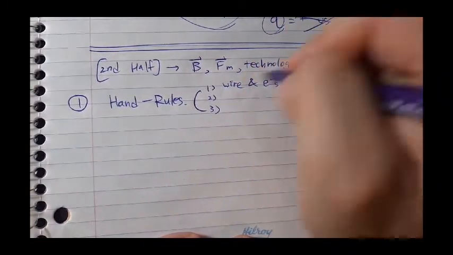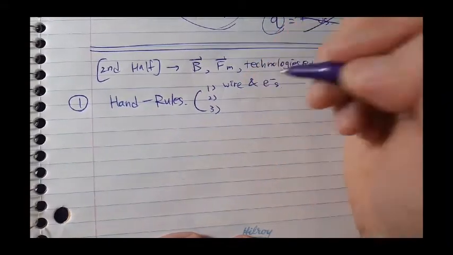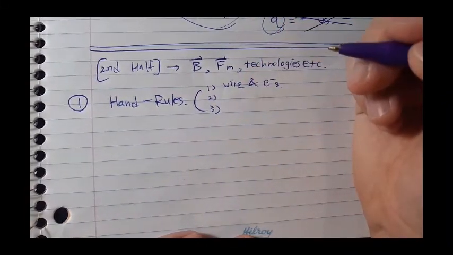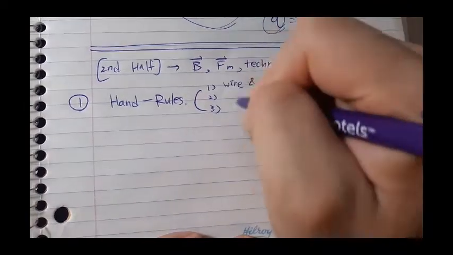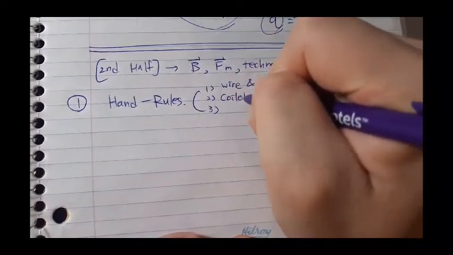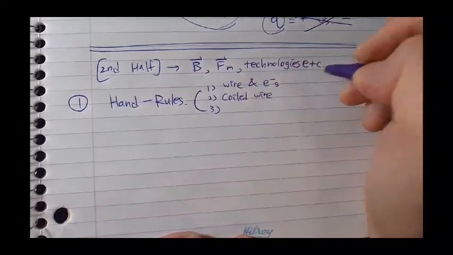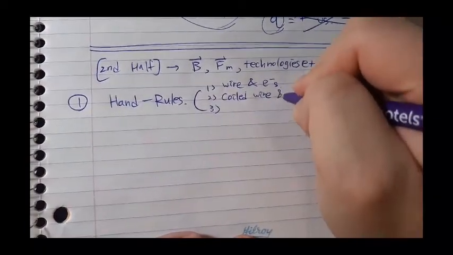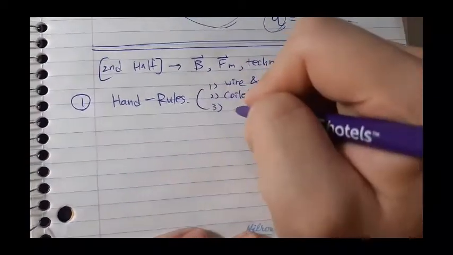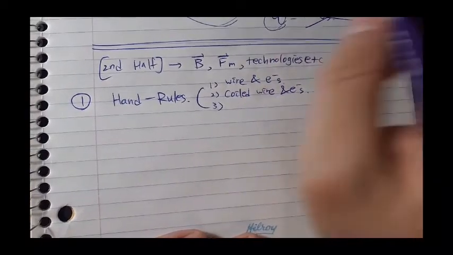The second one is a coil wire and electrons. The third one is basically the unique one.